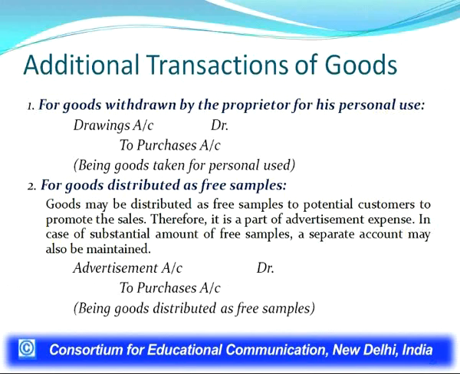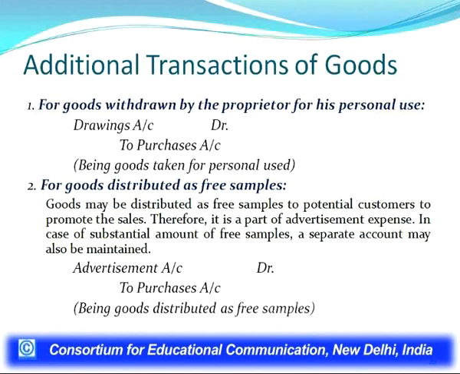In real life, many shopkeepers distribute goods as free samples. Many times in case of eatables, if you go to any shop, the shopkeeper may give you a few pieces of that item, saying please taste it.